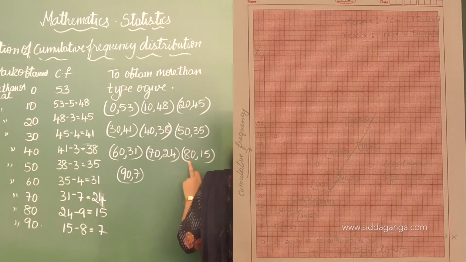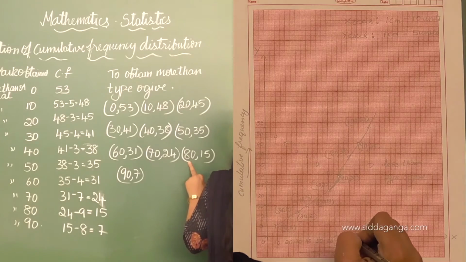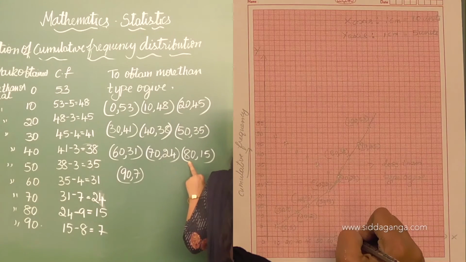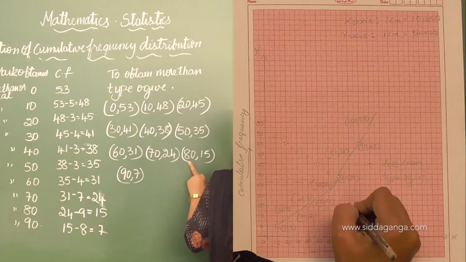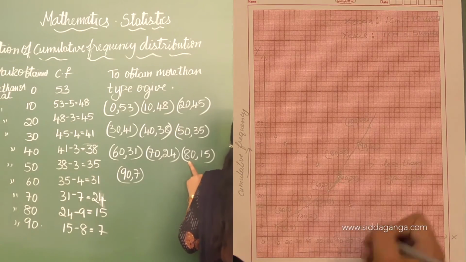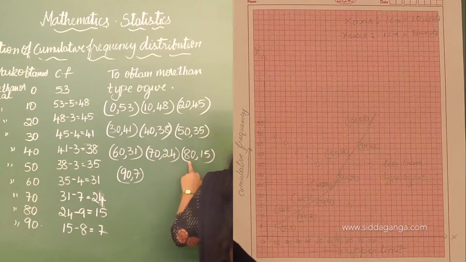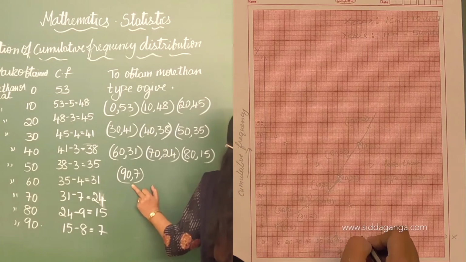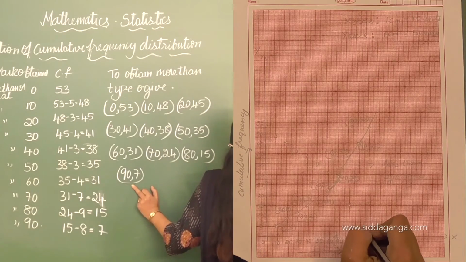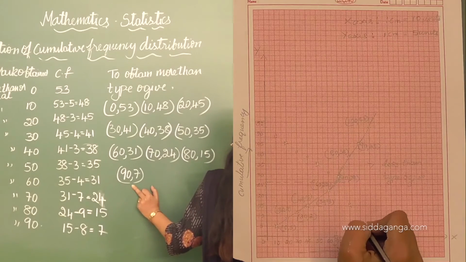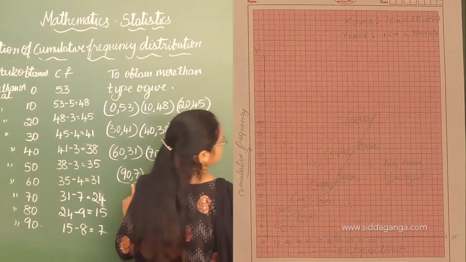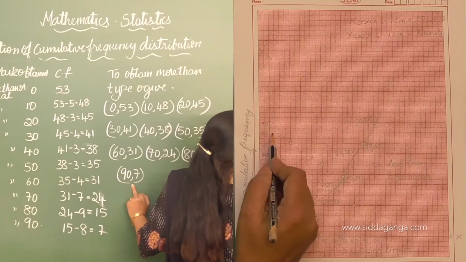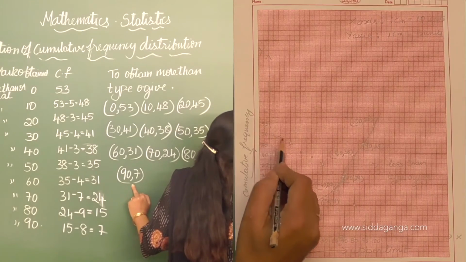Next 80, 15. Next 90, 7. This is 5, and 2 divisions after is 7. Now you can see the bending is in the opposite way.